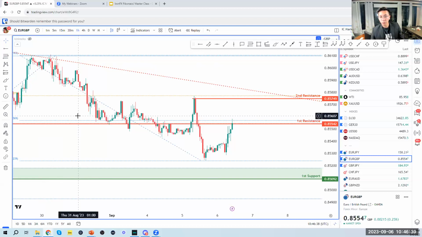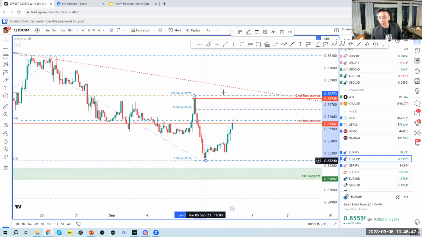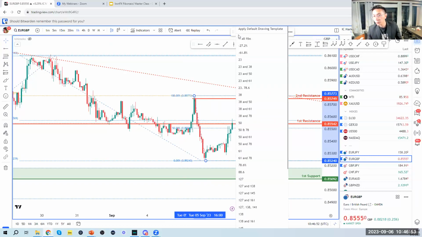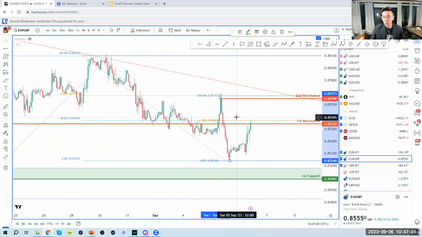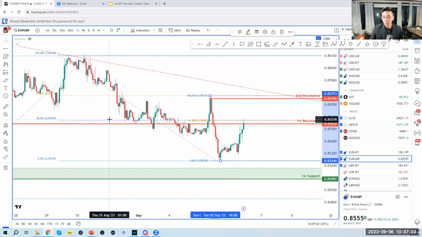For here, let's say you are GBP. What we are expecting is that price has already retraced 50%. Price is now reacting to the 61.8% fib retracement.